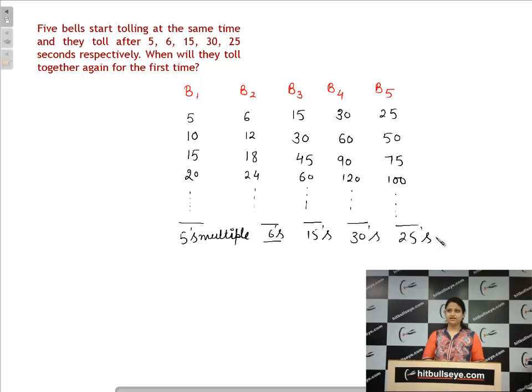It means we are looking for a common multiple of these numbers. Since it is asked when will all the bells toll together again for the first time, it means we are looking for the least common multiple.